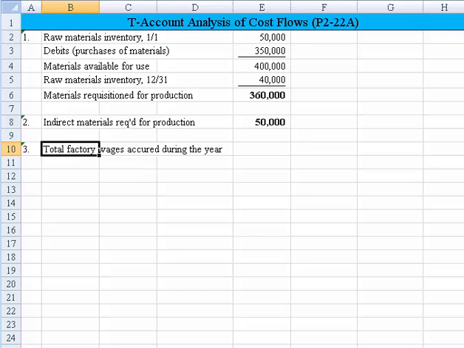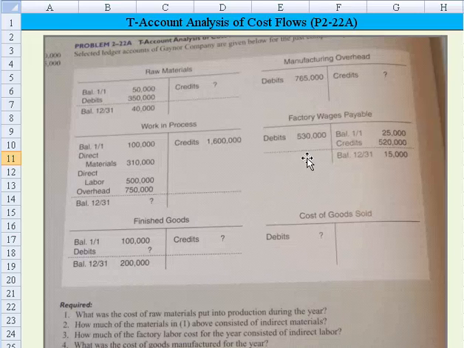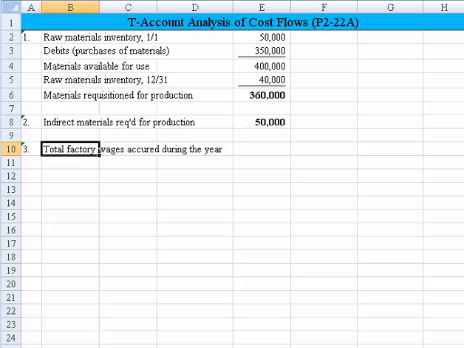We can get that by looking at the credits to the factory wages payable account. So that's our factory wages payable account, and the total credits represent the amount we're transferring to jobs, if you will, or to work in process, is 520,000. So we'll go over here and we'll jot down that 520,000. And then we need to subtract out any direct labor costs.